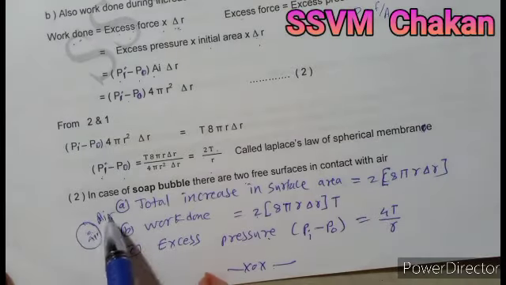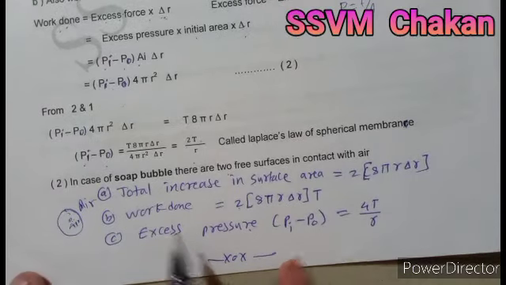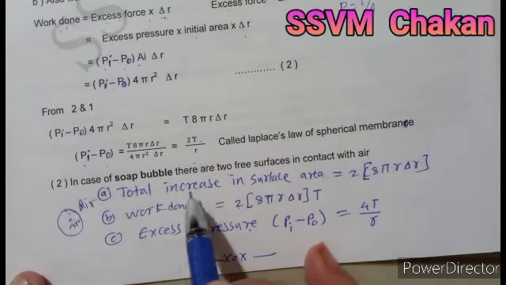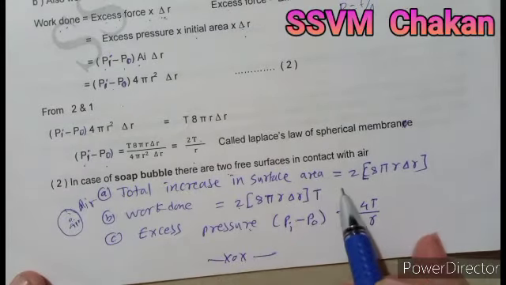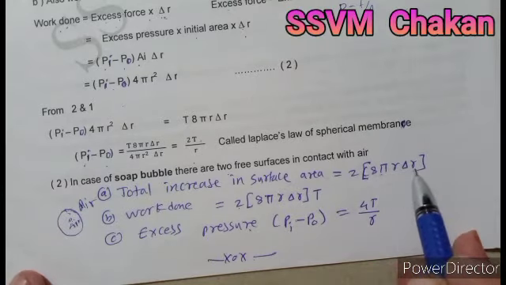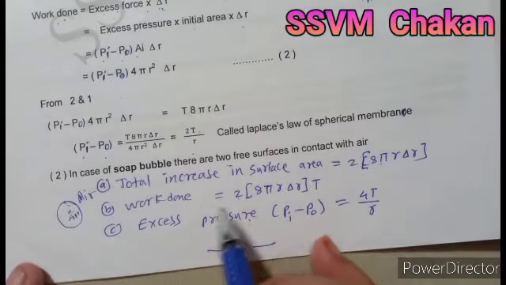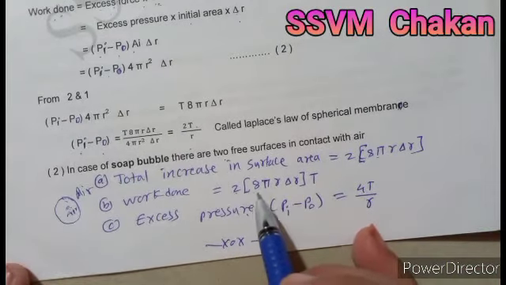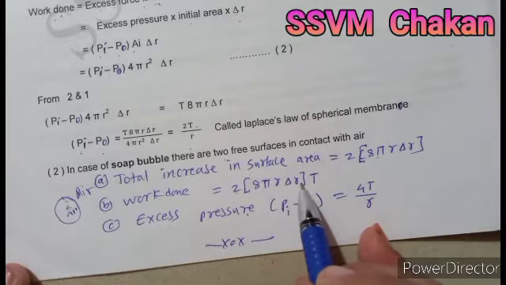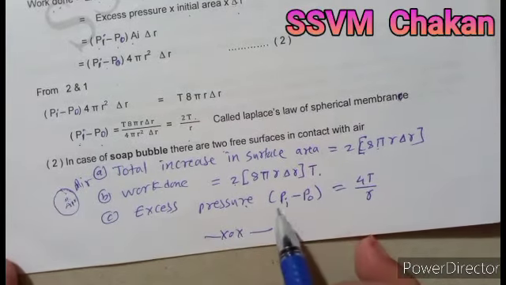So with air on both sides, we consider both the inside surface area and the outside surface area. In that case, the total increase in surface area is twice inside bracket 8 pi r into delta r. Also work done is twice inside bracket 8 pi r into delta r into T.